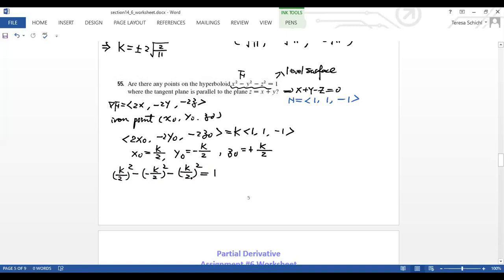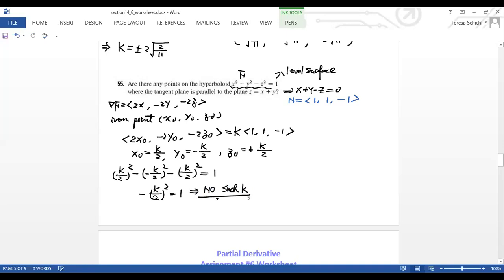Now this one cancels, so you find negative k over 2 squared equal to 1. Is that reasonable? No, right? So we say there is no such k.